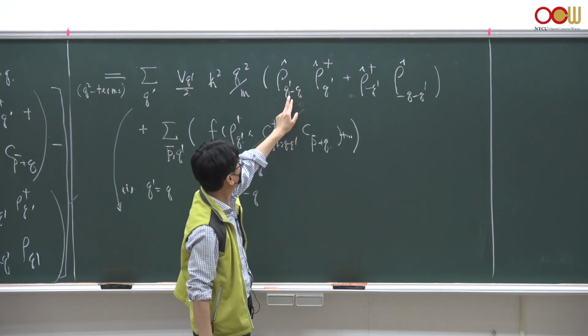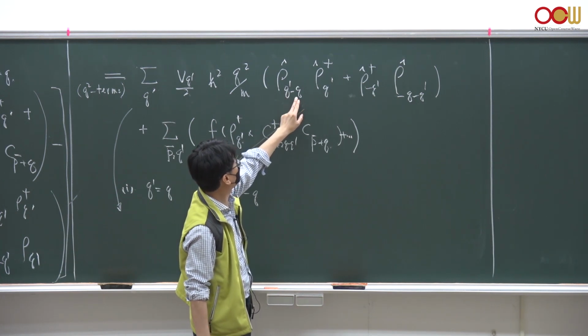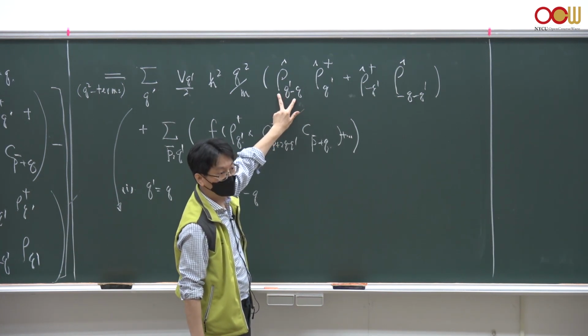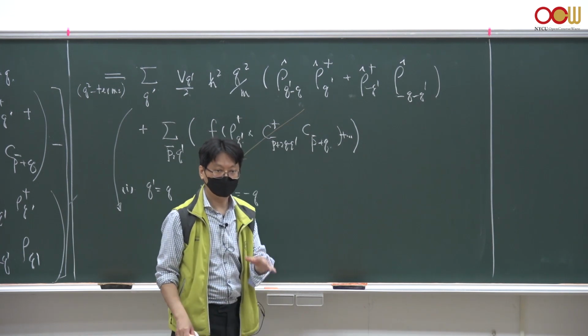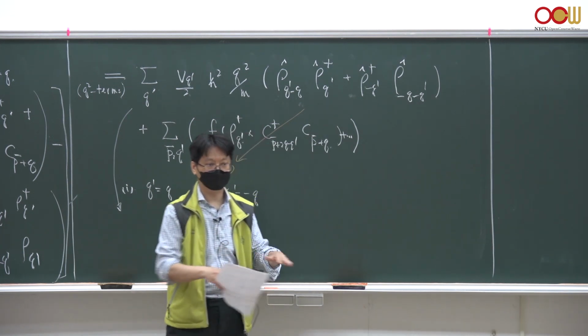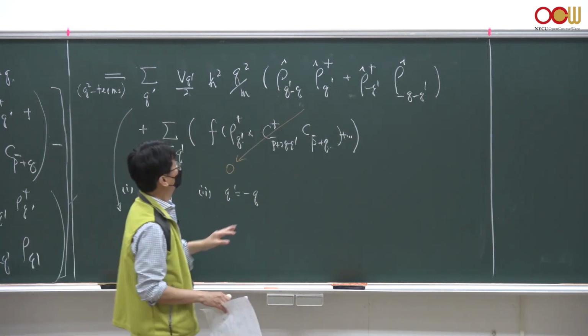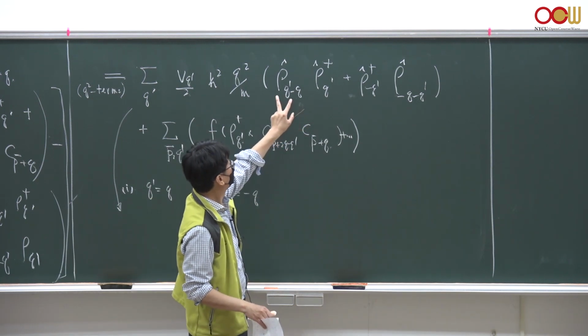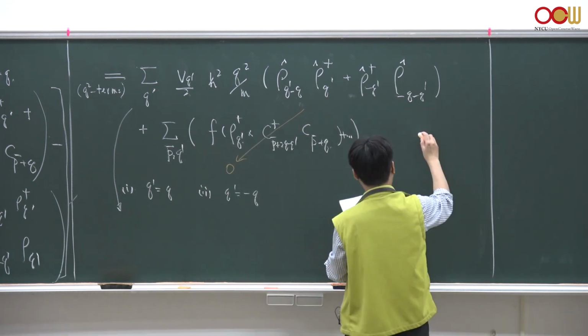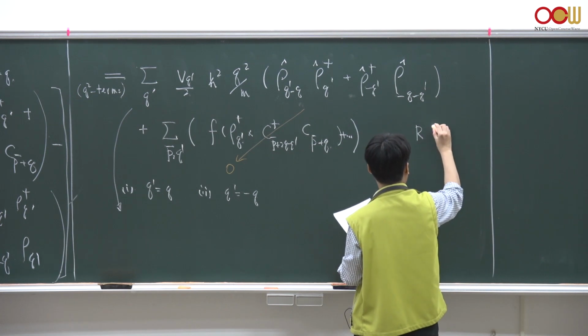So you see that when Q prime is actually the same as Q, this first row is actually rho 0. But what is rho 0? Rho 0 is nothing but the average density, right? Which is huge. So the leading term is always rho 0. So remember this RPA, the random phase approximation.